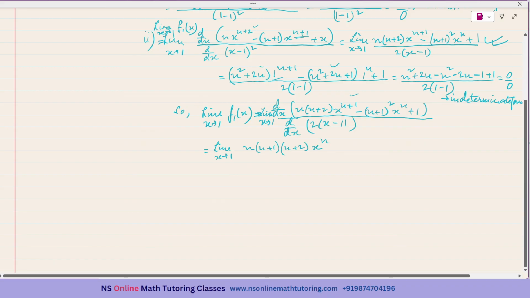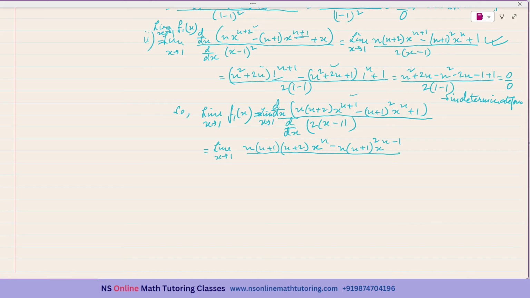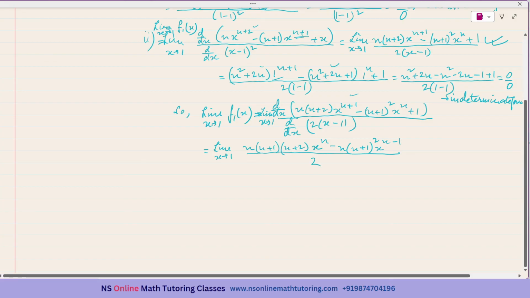And now this n will be coming down, so it is minus n times n plus 1 whole square, x raised to the power of n minus 1, and the derivative of 1 is 0. And the derivative of 2 times x minus 1, 2 is the coefficient, derivative of x minus 1 is 1, so the denominator is just 2.